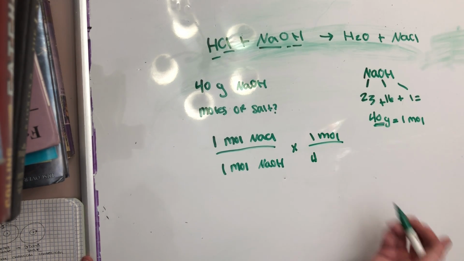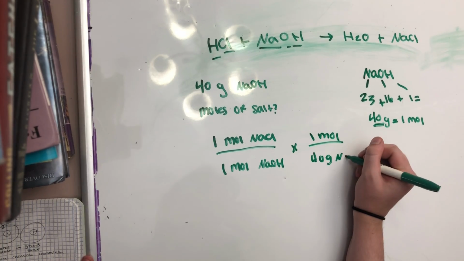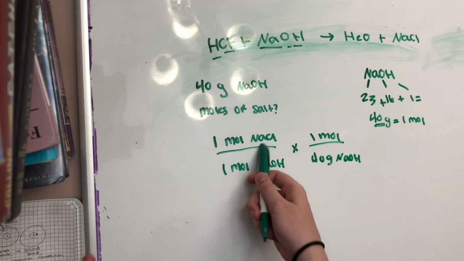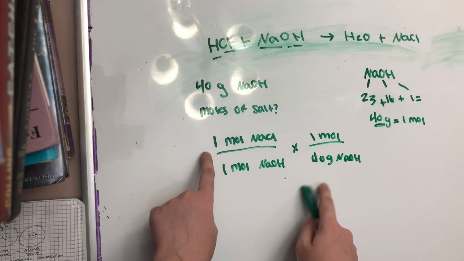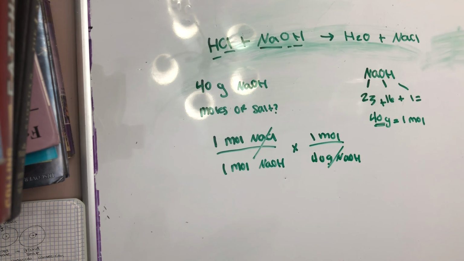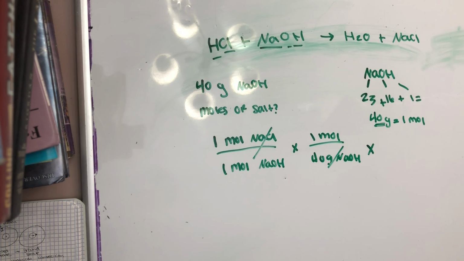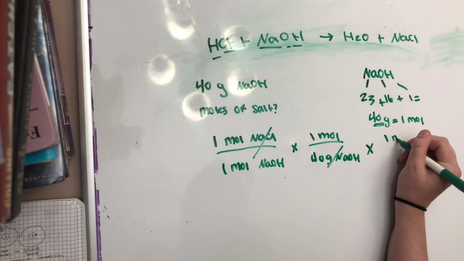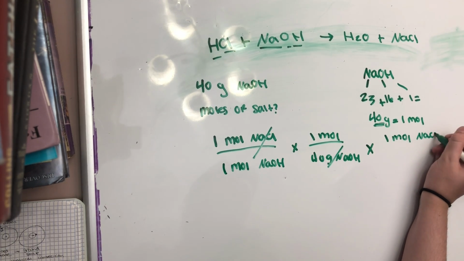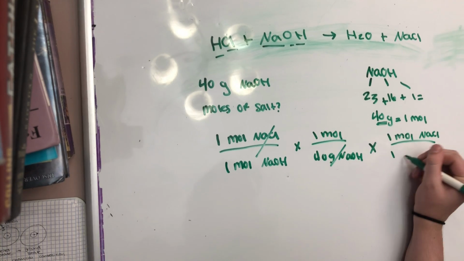So that's 40 grams of NaOH. To cancel these out, we have to put them opposite to each other here. So we can cancel those out. And then we have to times it again by 1 mole NaCl over 1 mole NaOH.